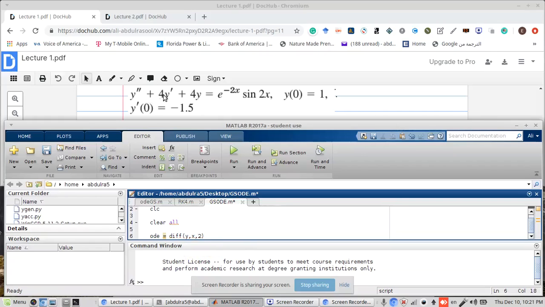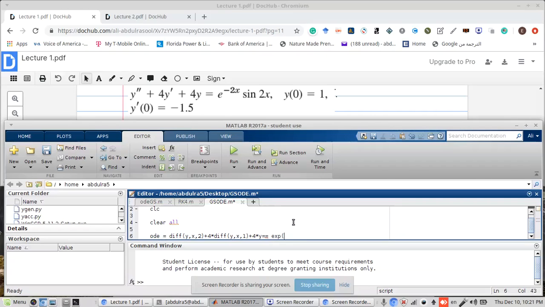And I have here plus 4 times the first derivative, plus 4y, equals, here double equal, since I have 1 here, so I have to make it double.